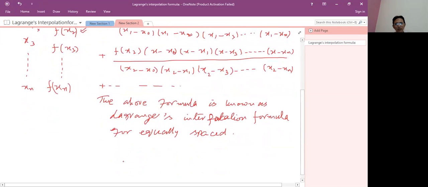So now we write an application about the Lagrange's interpolation. Student, we will find the value.